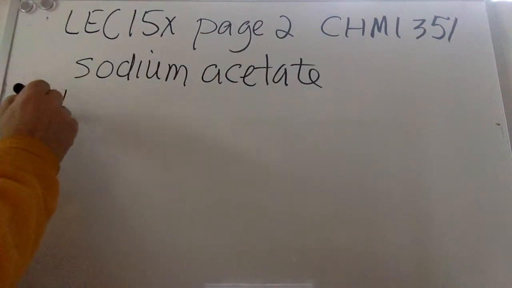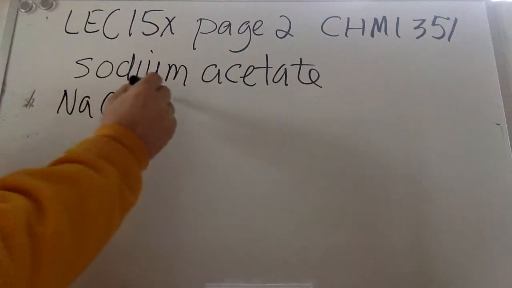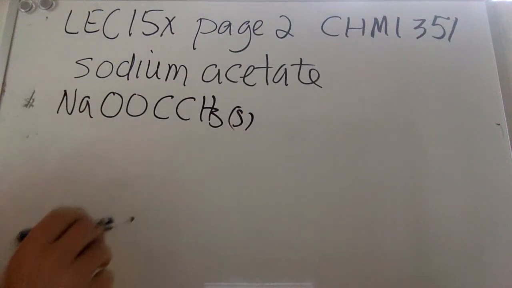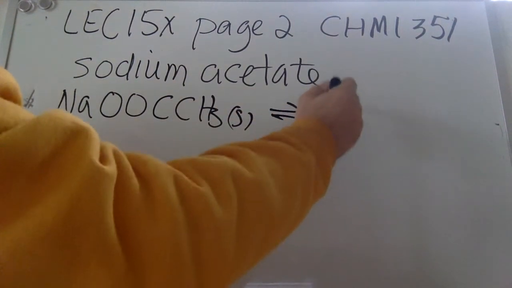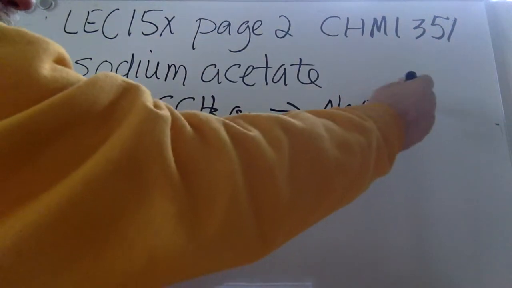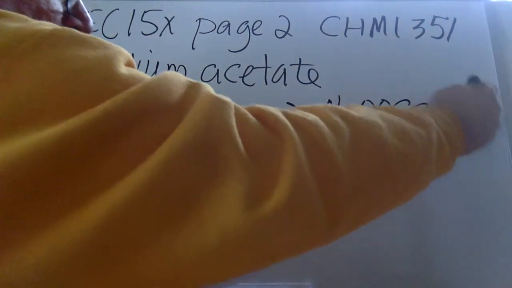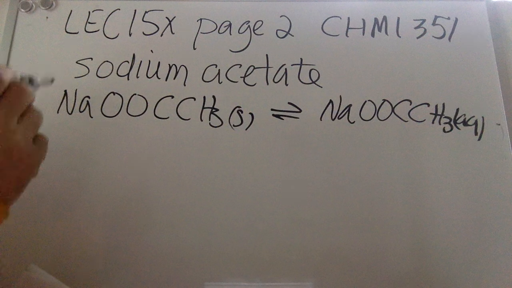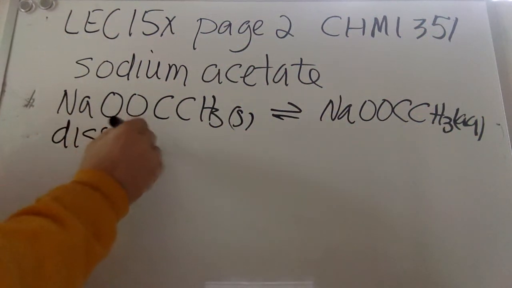Sodium acetate is, and I'll model it this way, a solid, and when placed in water, becomes aquated, which is a dissolution process, part of the solubility process or solution process. So let's say dissolution.